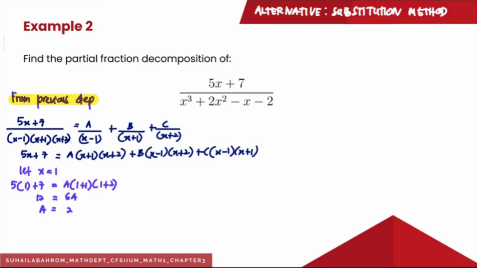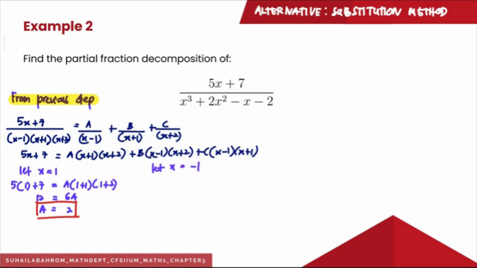So this is how we get the constant by using the first zero. And we will do the same thing for the second zero, which comes from the factor of the denominator of the constant B. We will let x equal negative 1, because x plus 1 equals 0, therefore x equals negative 1.